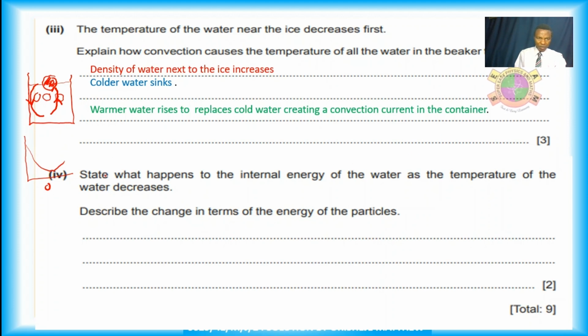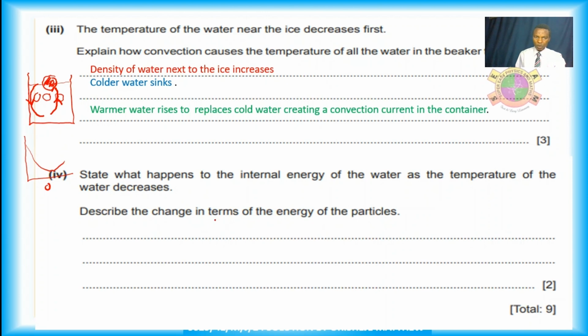Now, state what happens to the internal energy of the water as the temperature of the water decreases. Okay? Now, we're going to look at the change in terms of energy of the particle.